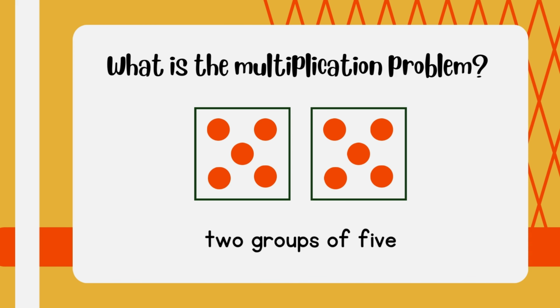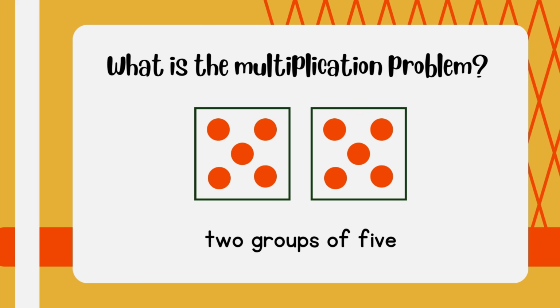Here's the next multiplication problem. You can see 2 boxes, or 2 groups, with 5 dots in each of them. If you ever see the word of in a multiplication problem, it just means multiplication.